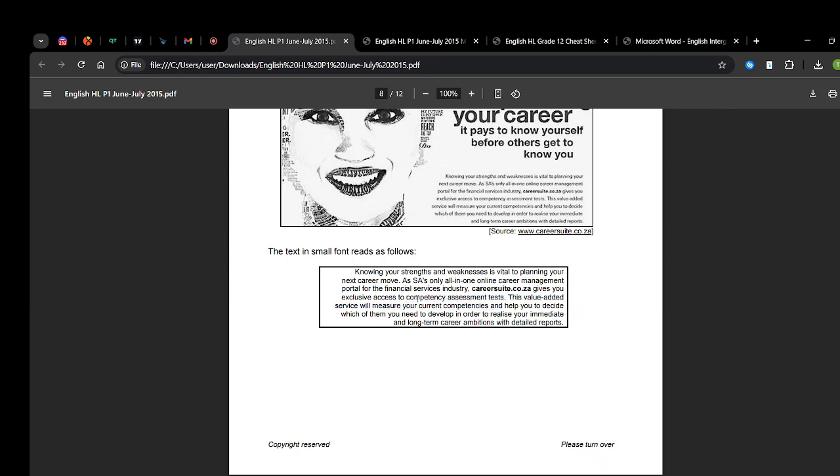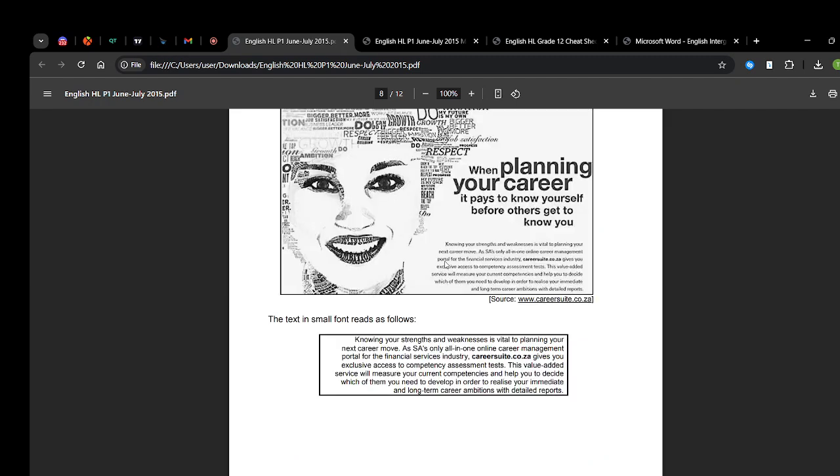So I'm assuming that's one of the ways, or the way, that this website helps a reader plan his or her career. This value added service will measure your current competencies and help you to decide which of them you need to develop in order to realize your immediate and long term career ambitions with detailed reports. Speaking of ambitions, I saw in this ad here the word ambition.